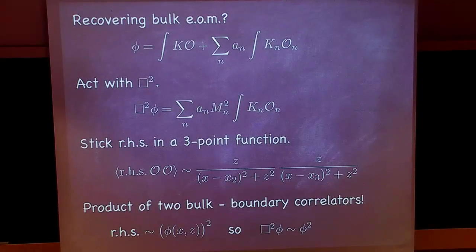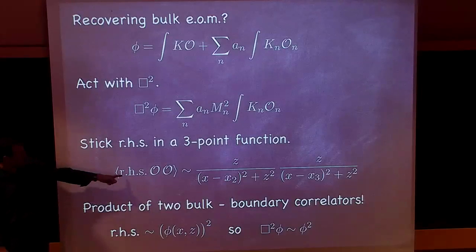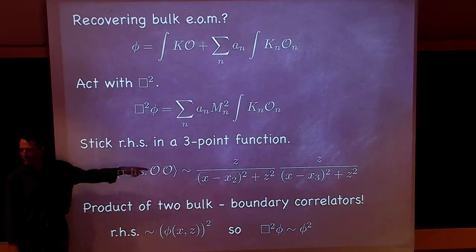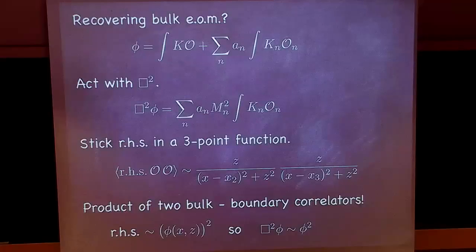So, in fact, you can identify from the bulk point of view what this right-hand side is. It's just the square of your bulk field. So you just stick phi squared in here, and you get a product of two bulk boundary correlators.